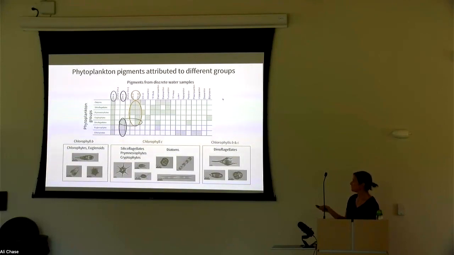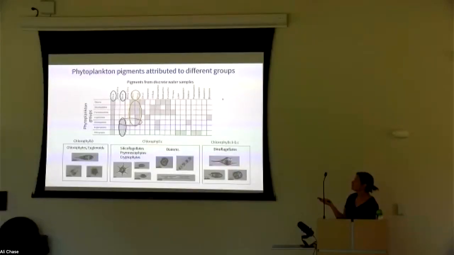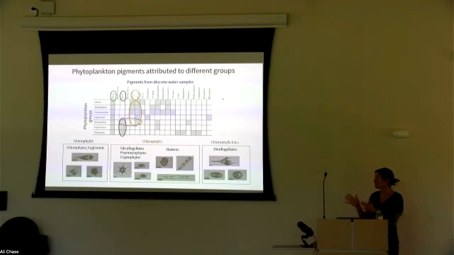So although dinoflagellates contain B and C, different types can, otherwise, the different major taxonomic groups of phytoplankton are separated by whether or not they contain chlorophyll B or C. So what's important to note here is that chlorophyll B and C are not a useful tool to define the phytoplankton community in situ, but they might be a useful tool to inform us, as an input piece of information to an algorithm about what's in the water or not in the water.